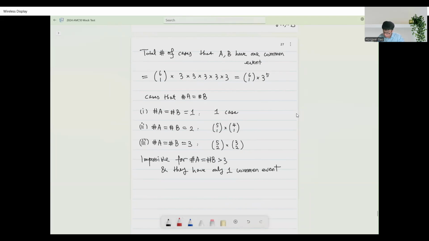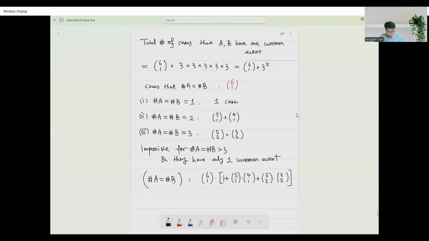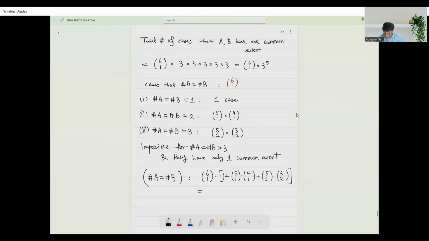Well, in the beginning, of course, each of them should choose this common event, 6 choose 1, right? So the number of A equals number of B case is 6 choose 1 times 1 plus 5 choose 1 times 4 choose 1 plus 5 choose 2 times 3 choose 2. So after simplification, that's 6 times 51.